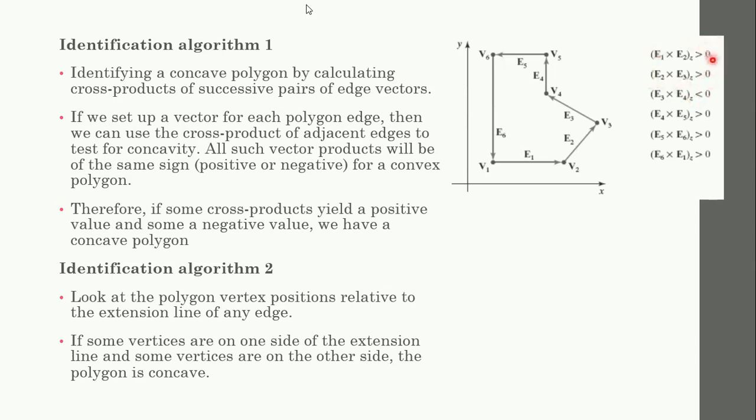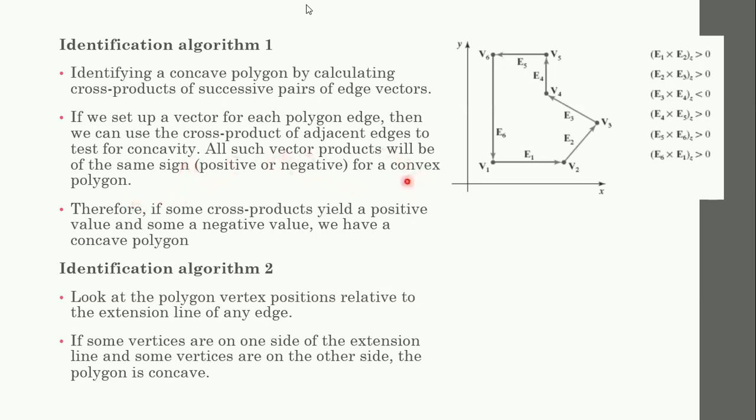So you have some cross products as positive and some as negative. If this is the combination, suppose some cross products are positive and some are negative, then we call it a concave polygon. Suppose whenever you calculate the cross products and you get all negative or all positive, then we conclude it is a convex polygon.